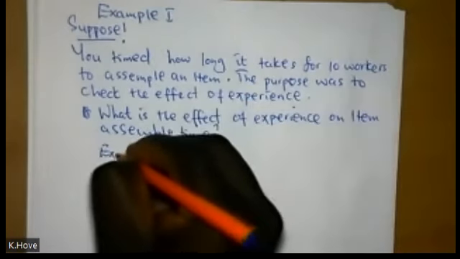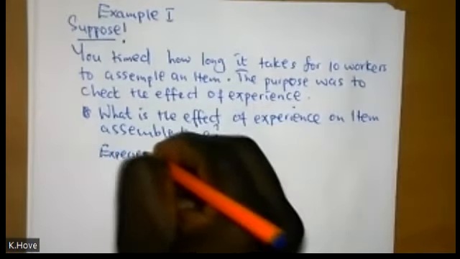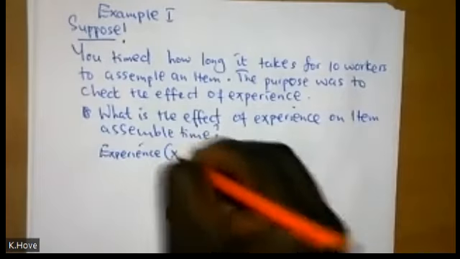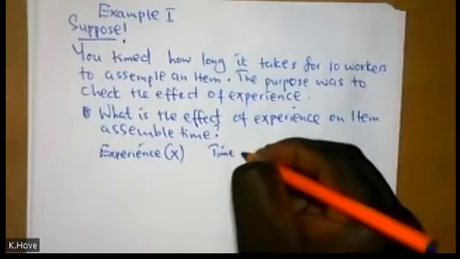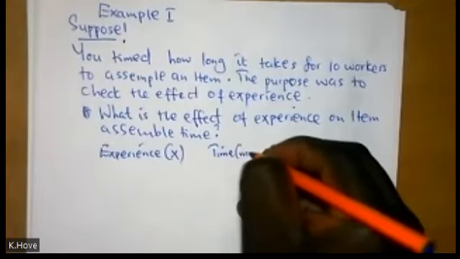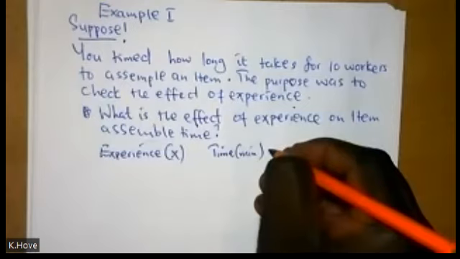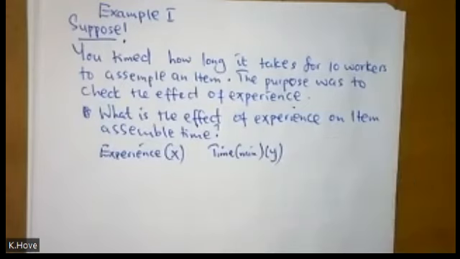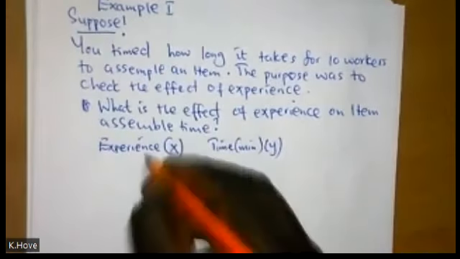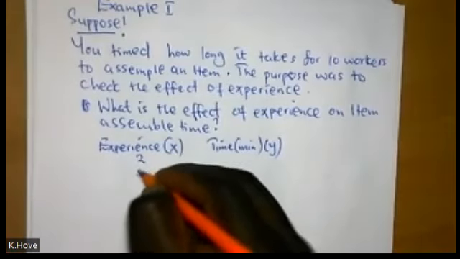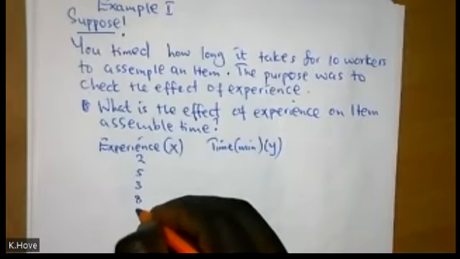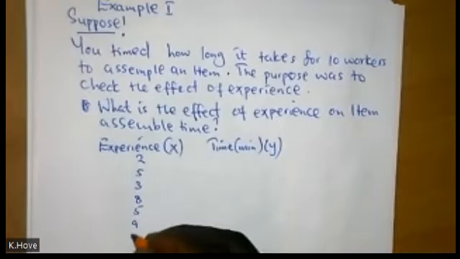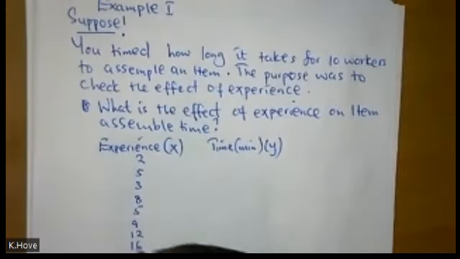So experience, which is now your X, and the time is in minutes. This should now be your Y. So what we will have, we say we have 2, 5, 3, 8, 5, 9, 12, 16, 1, and 6.